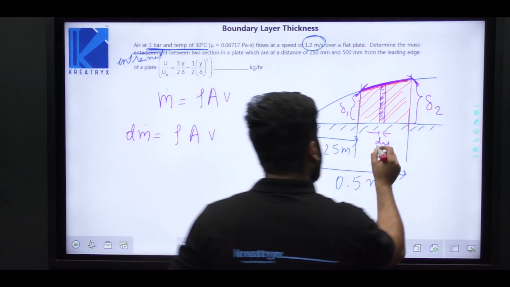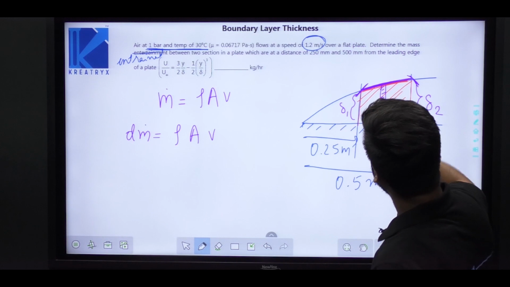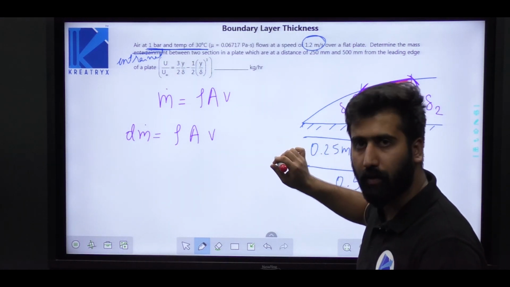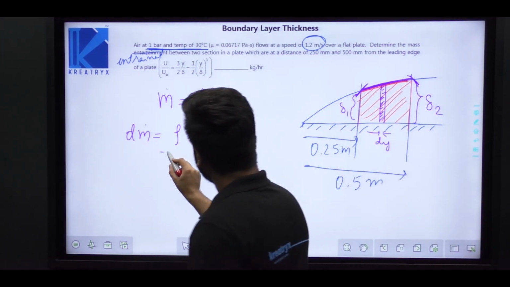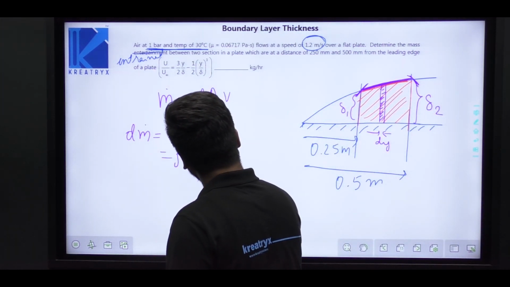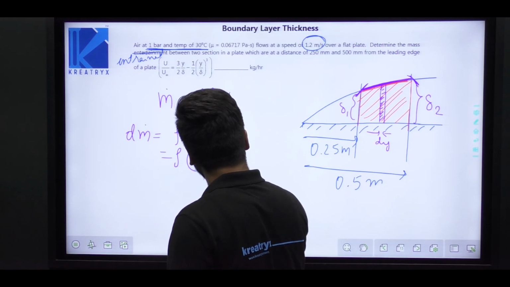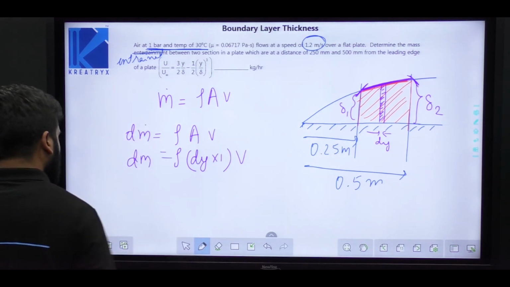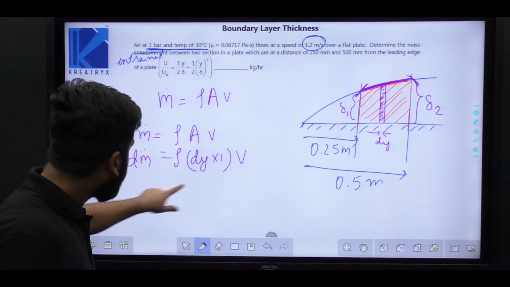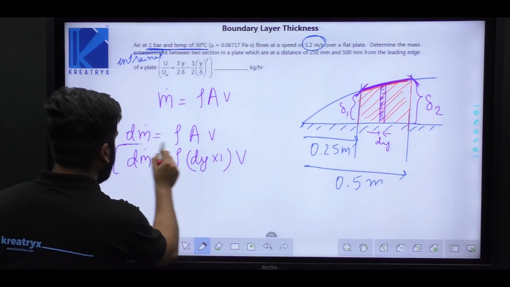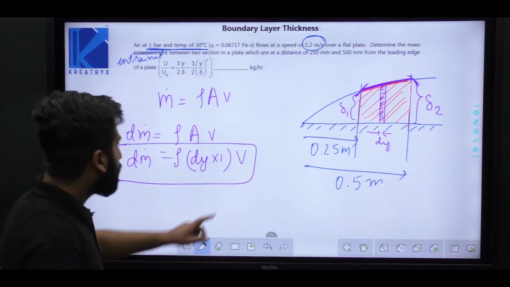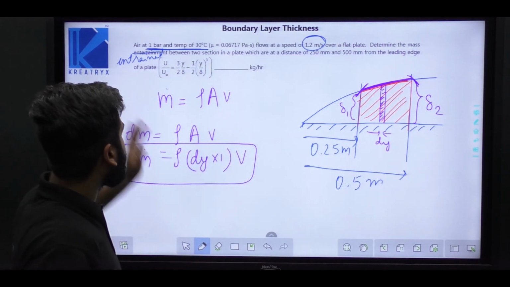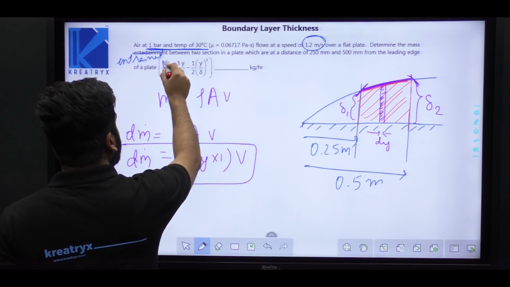It will be this dy into, let that length be 1 meter that goes into the board. So area will be what? It will be rho dy into 1 into V, and this is dm dot. Now if I integrate this equation, first of all, I will put this V in terms of this velocity profile.